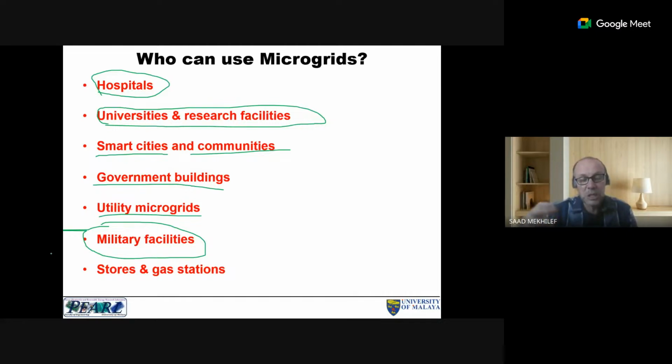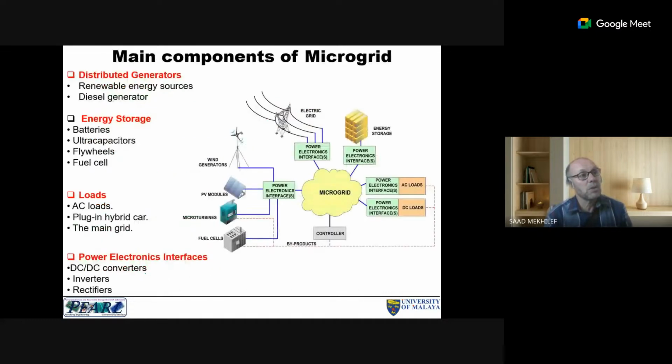Military usually moves from one place to another, so most of the time they move to places where they don't have power. So they have to build their own microgrids. Like our friend just now, the offshore stations, gas stations or stores. So these are some of the places where microgrids can be used.